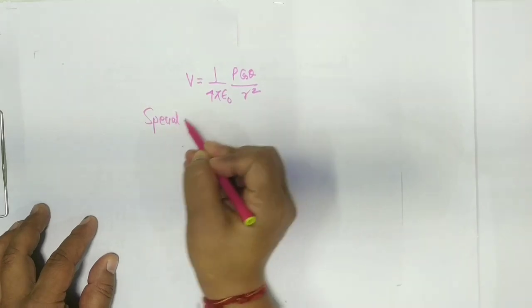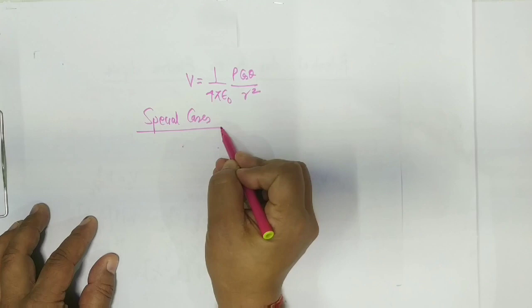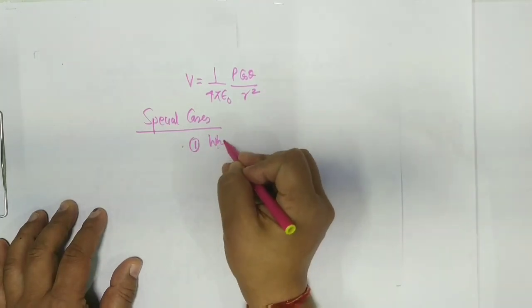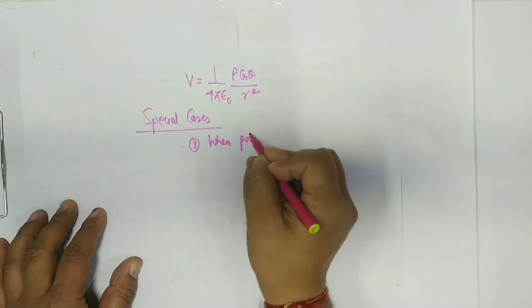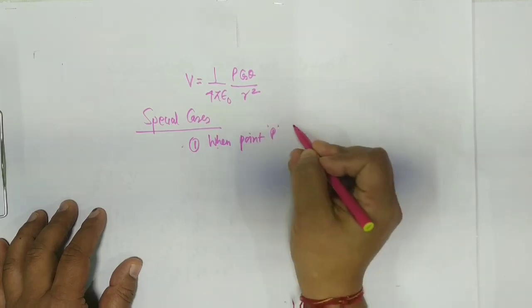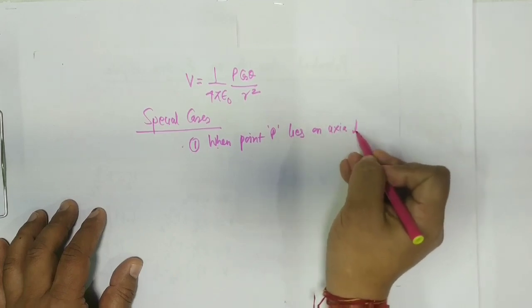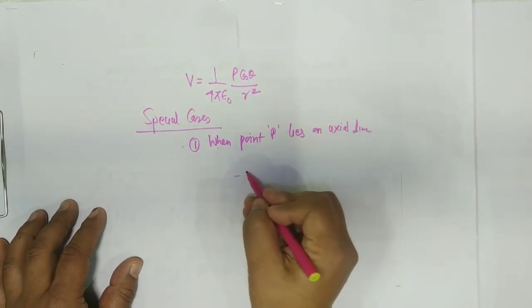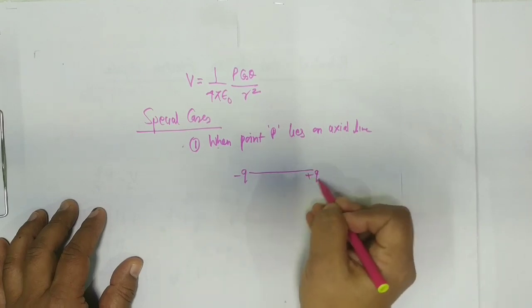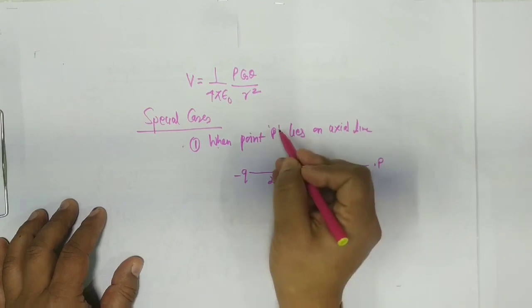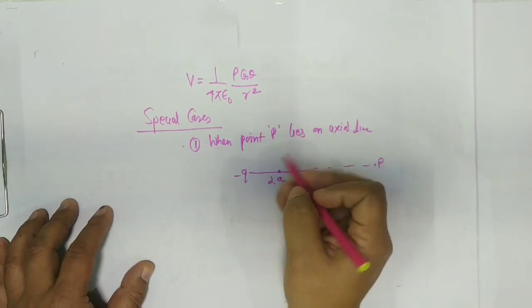The two special cases are, remember, one is the axial line and one is the equatorial line. When point P lies on the axial line, with minus q and plus q, what will be the value of theta?